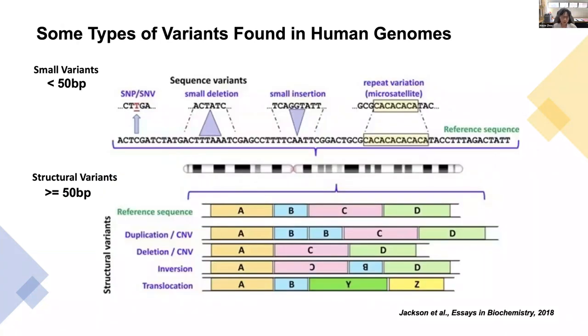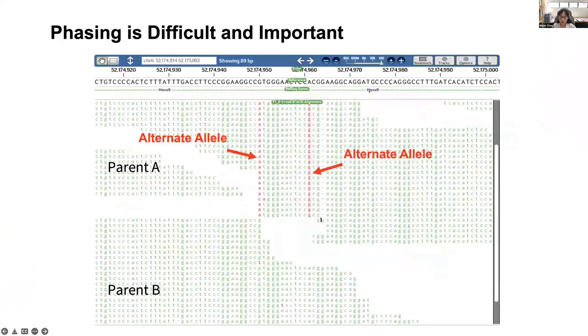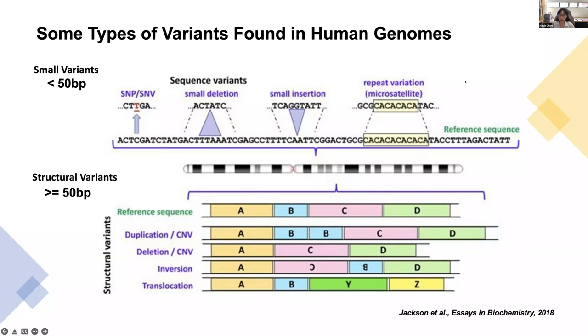So today, we have discovered several types of variants in human genomes. For example, they are classified into small variants or structural variants. Small variants are usually less than 50 base pairs, including, for example, SNPs or SNVs, and small deletions, small insertions, or small repeat variations.